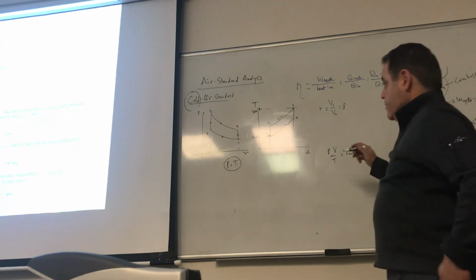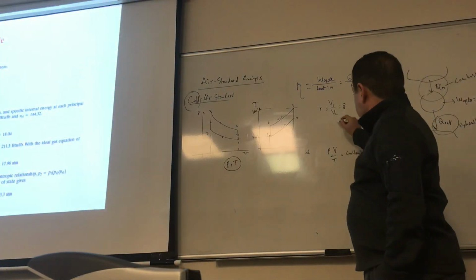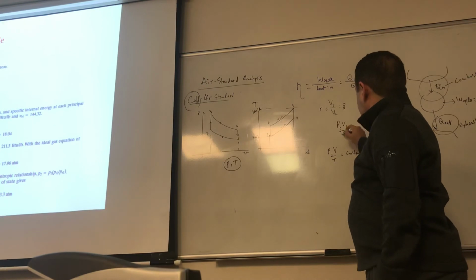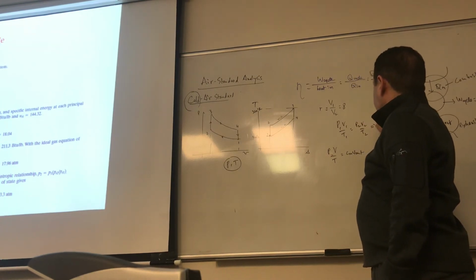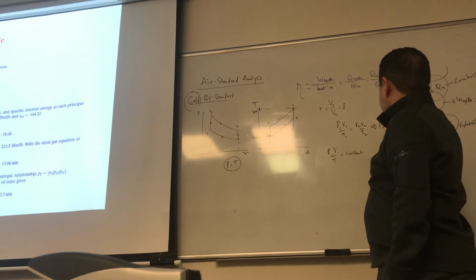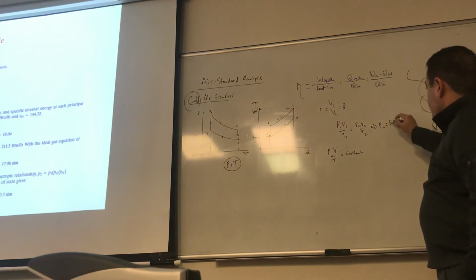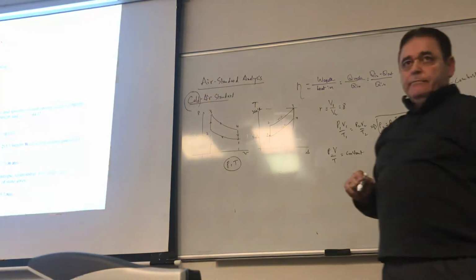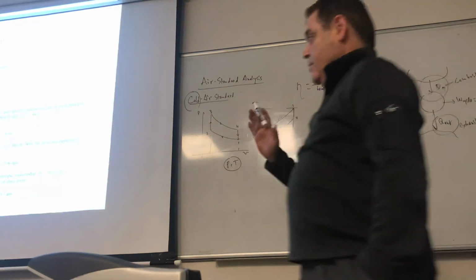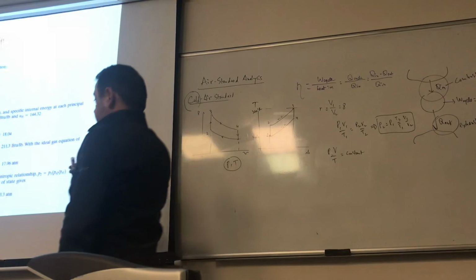So you can say that P1 V1 over T1 is equal to P2 V2 over T2. And from there, you can say that P2 is equal to P1 times T2 over T1 times V1 over V2. That's always the way you will be doing that.